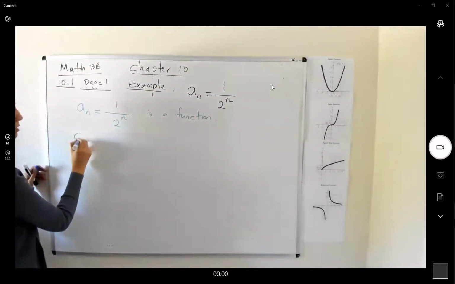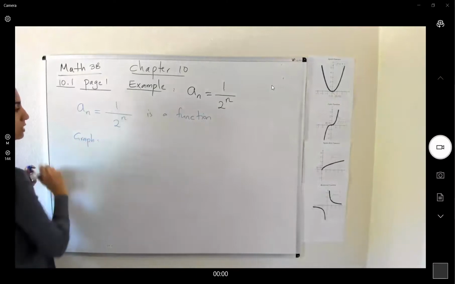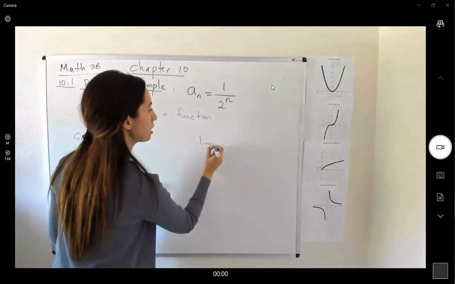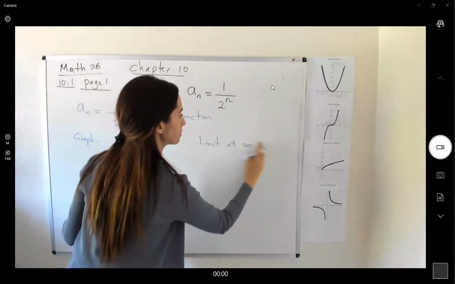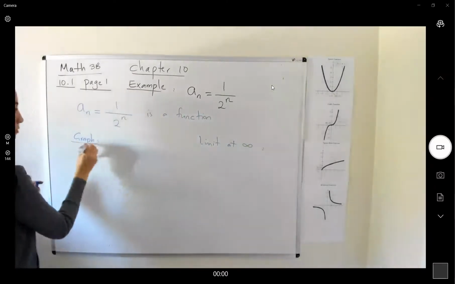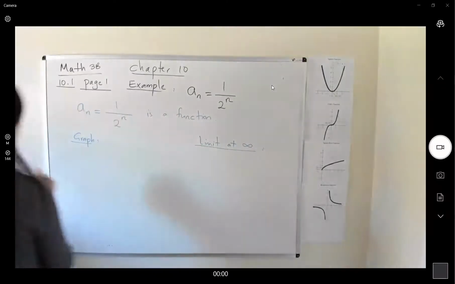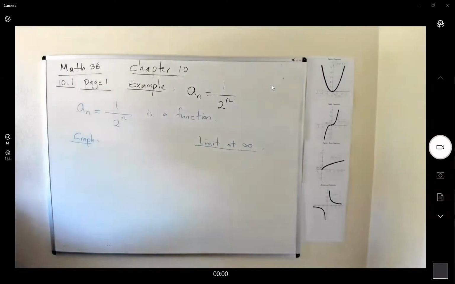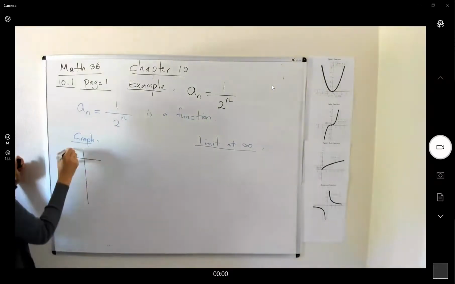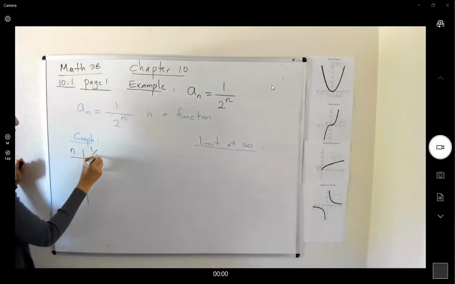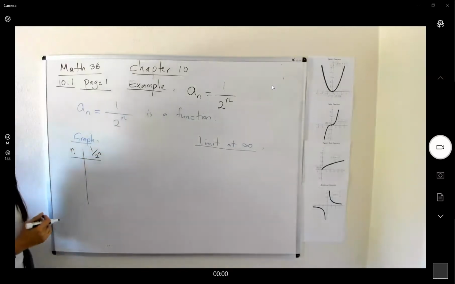So let's graph the function first. What's the graph like? What's the limit at infinity like? Let us plug in values for n and graph our function 1 over 2 to the n.